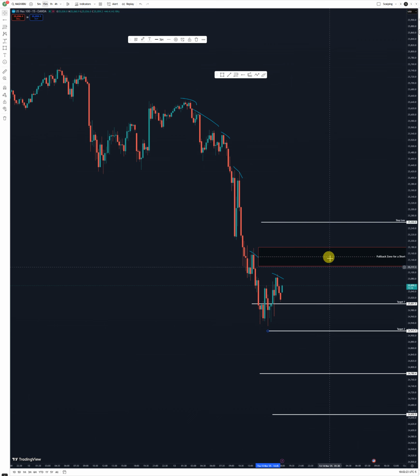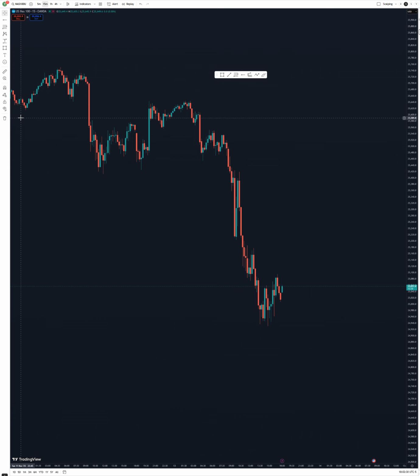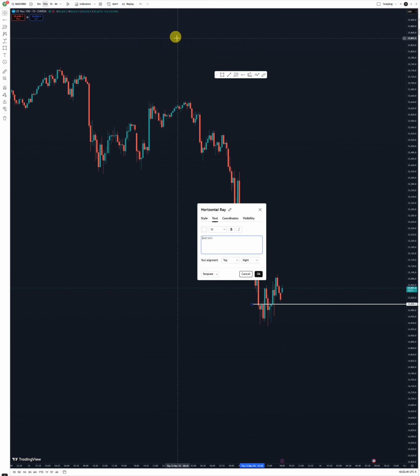Now, the other setup that I have, which I like as well, and I'll clear this out, will be the breakout short. If NASDAQ closes below 25,000, let's say right here, let's do the 15-minute candle close.